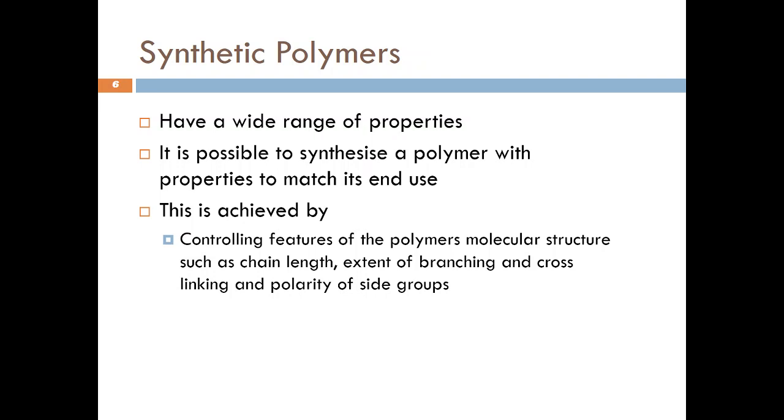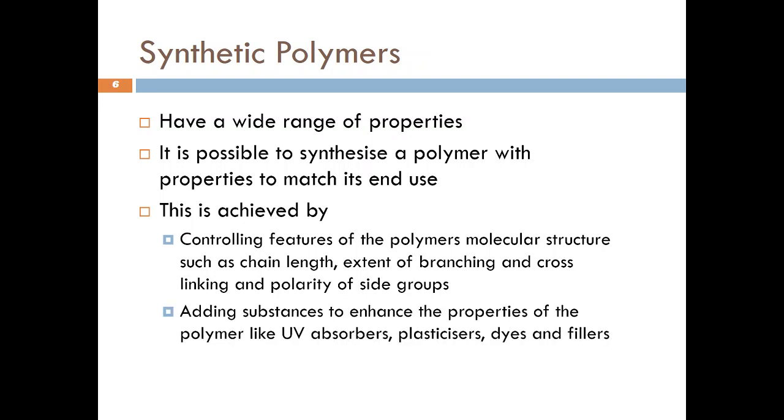So depending on what size they achieve, depending on how well those chains of carbon are connected with each other, you can change rigidity, stretchiness, bounciness, and so on. Okay, so you can purposely make the polymer depending on what you want. Adding substances to enhance properties of a polymer, like UV absorbers, plasticizers, dyes and fillers.